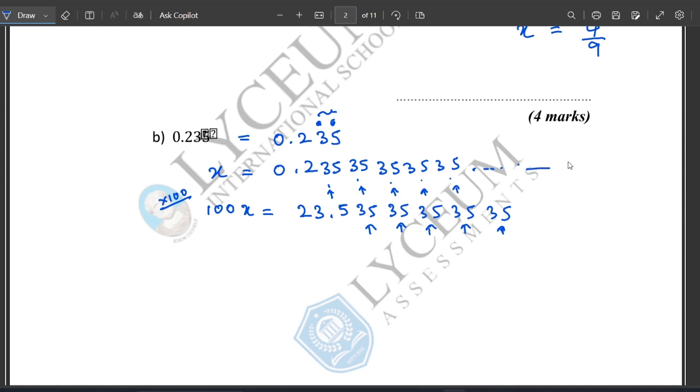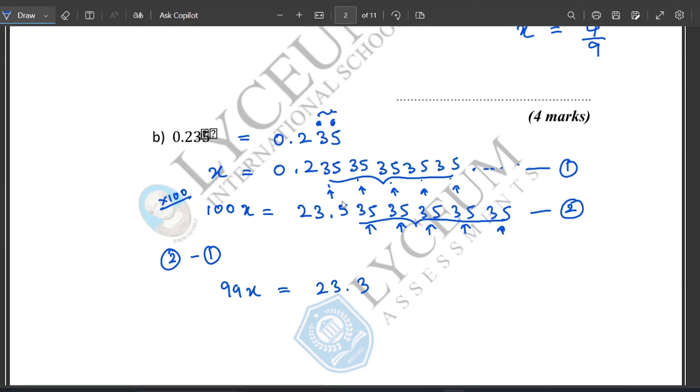Okay. Now I take this as 1. This as 2. Now I take 2 minus 1. It gives me 99x equals, these two I have to subtract, and I get 23.3 because all these are cancelling out because I took exactly the same number of pairs.